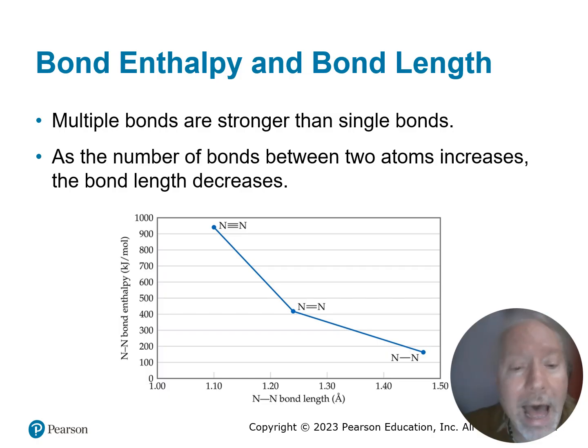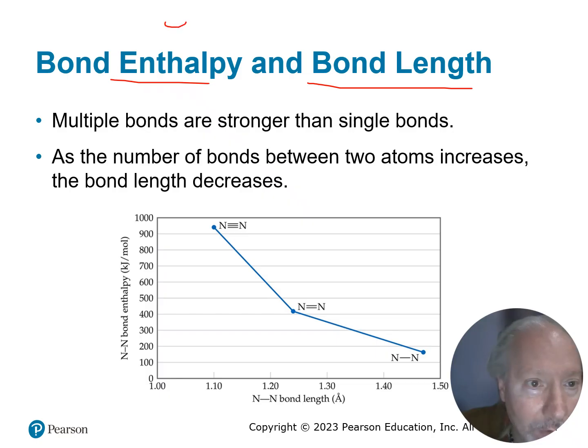So we can plot bond enthalpy versus bond length. The bond enthalpy is the y value, on the y-axis, and bond length is on the x-axis. We can take a triple-bonded nitrogen, and it has the most energy necessary to break it, almost 1,000 kilojoules per mole to break those three bonds.